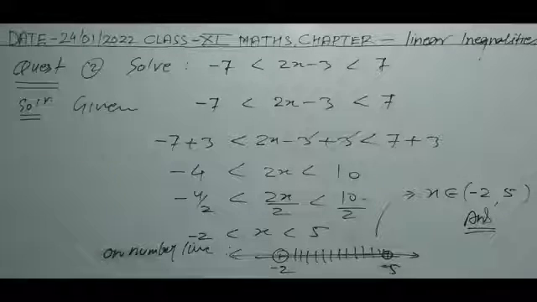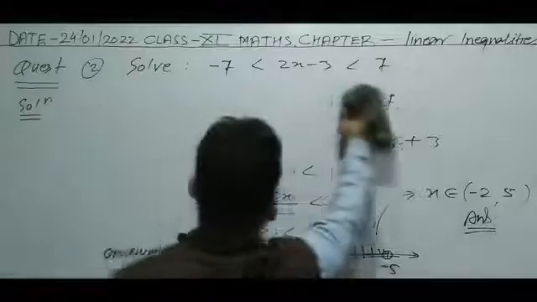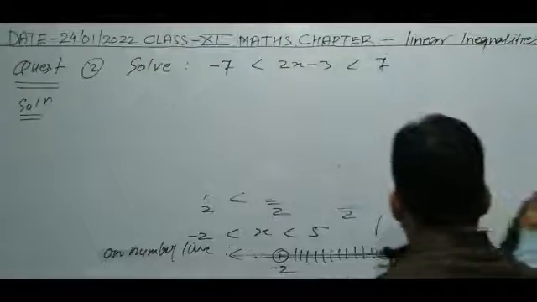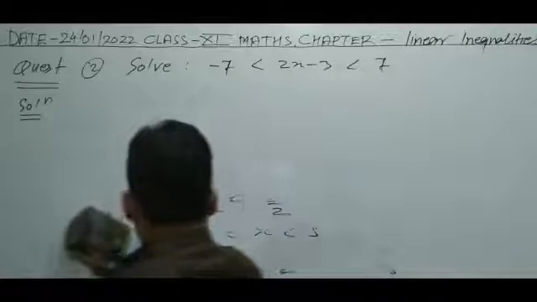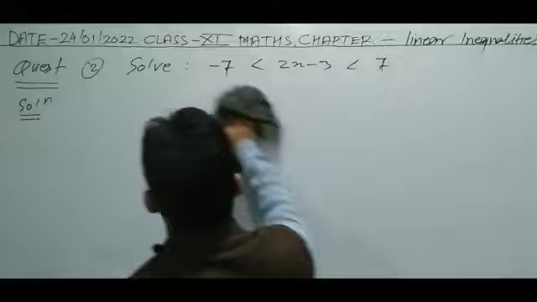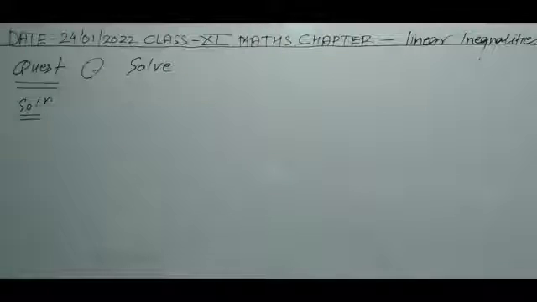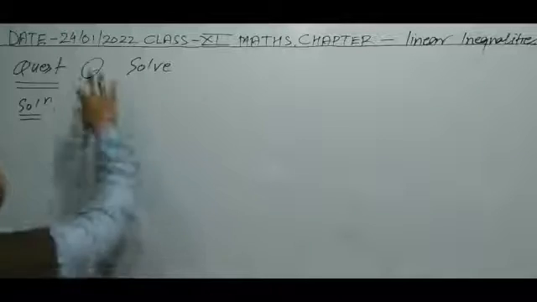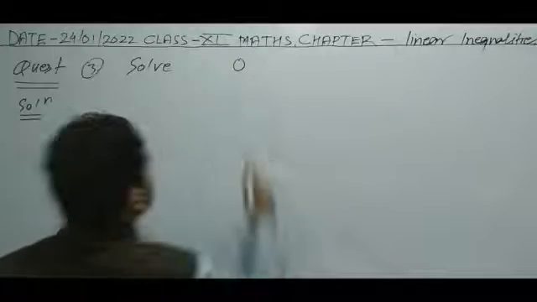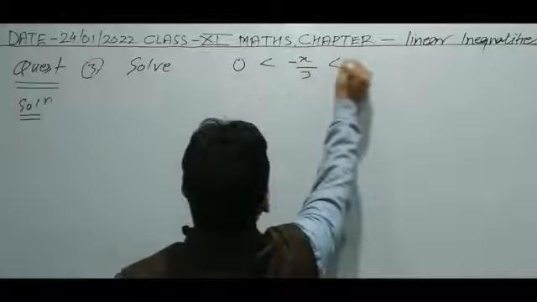Now question number 3 is 0 is greater than minus x by 3 is lesser than 1.